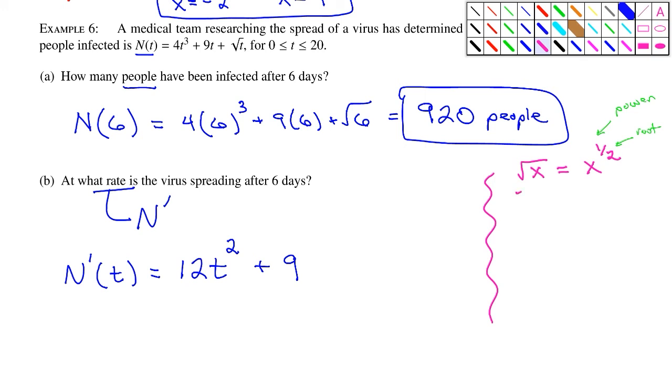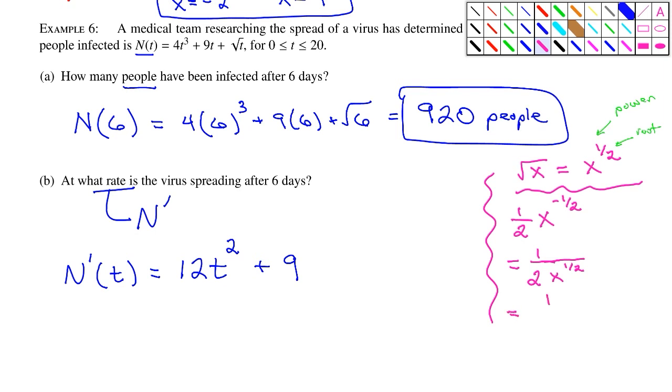Now, to take the derivative, you bring down the 1/2 times x, lower the power by 1. 1/2 minus 1 is negative 1/2. And then you rewrite this. It's going to be 1 over, there's the 2, x goes to the denominator with 1/2, because the exponent becomes positive.